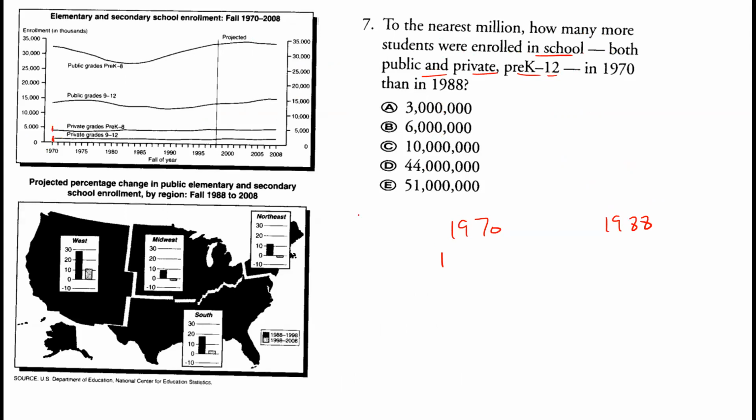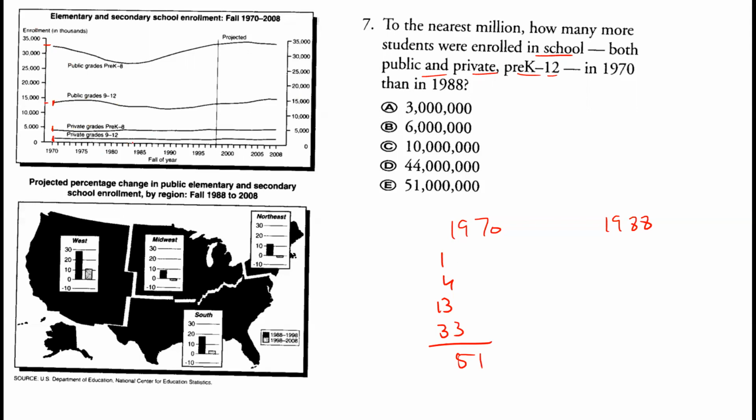Private pre-K is approximately 4. This number would be a little less than 15, let's suppose it's 13, and this is between 30 and 35, so let's make it 33. So 1 plus 4 plus 13 plus 33 equals 51.